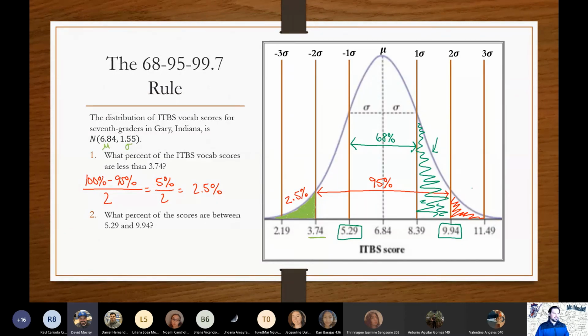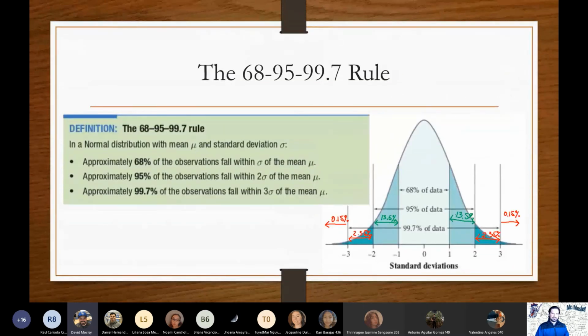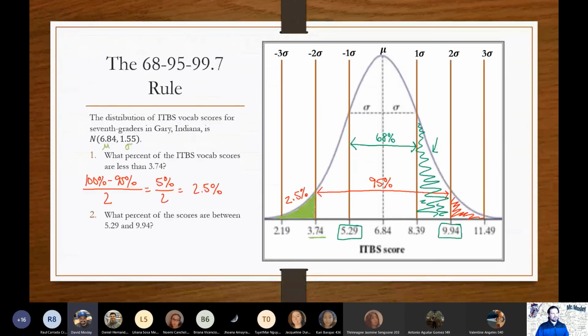And we already saw this in this one. Right? The percentage of this other section is 13.5%. But how do we get that? How we figure this out mathematically is we know that we have 95% between the two standard deviations, but I only need half of that to add to my 68%.